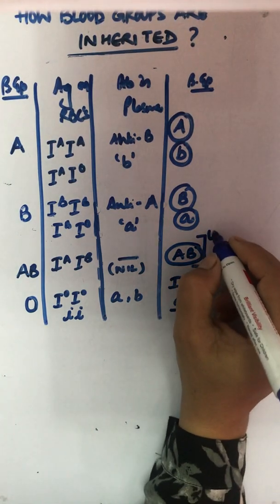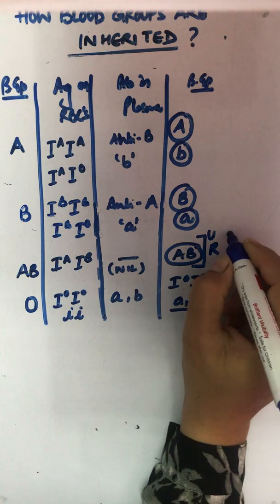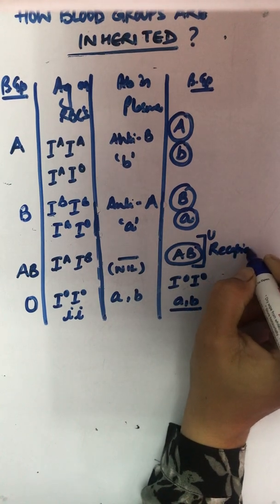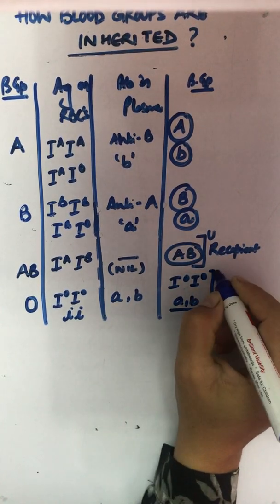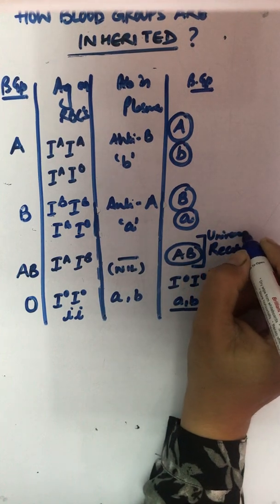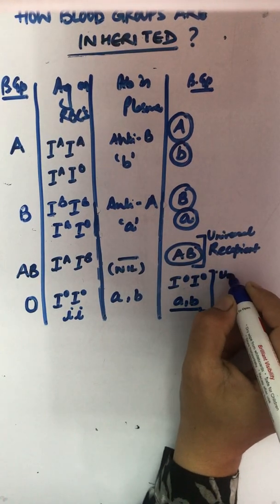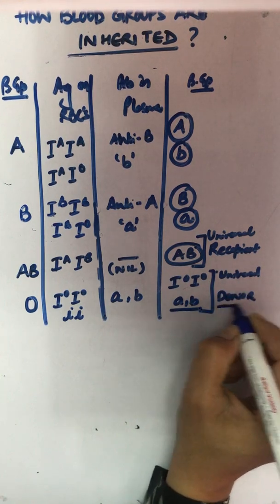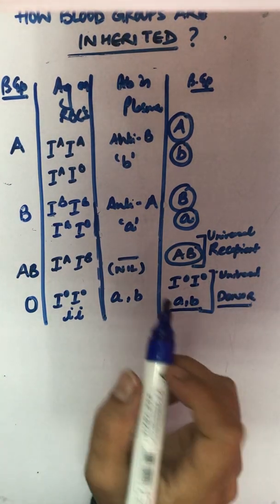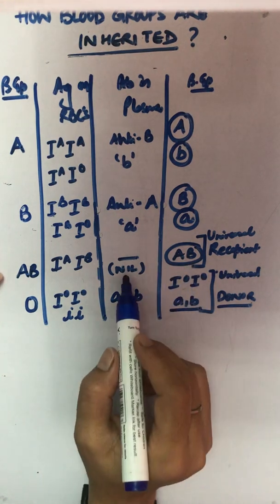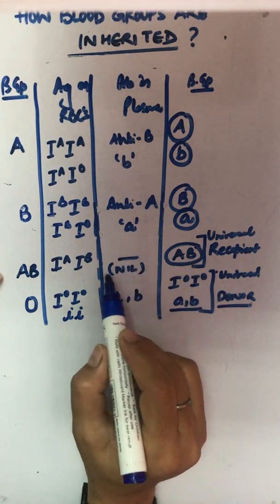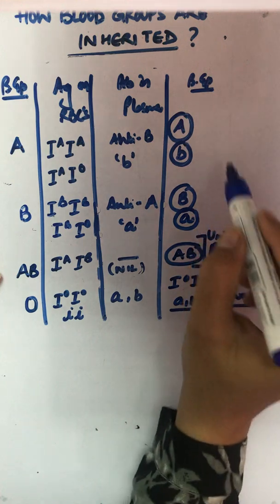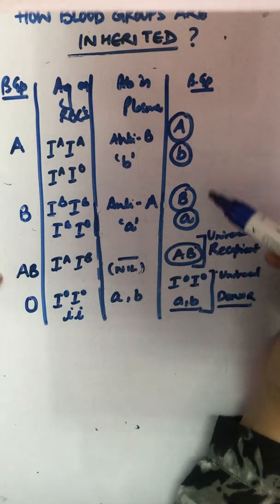ABs become universal recipient, and O becomes the universal donor, because AB, because of having no antibodies in the plasma, will receive blood from the three different blood groups.